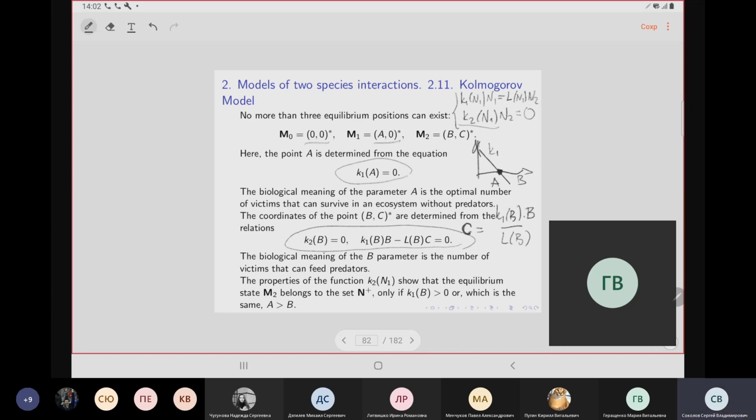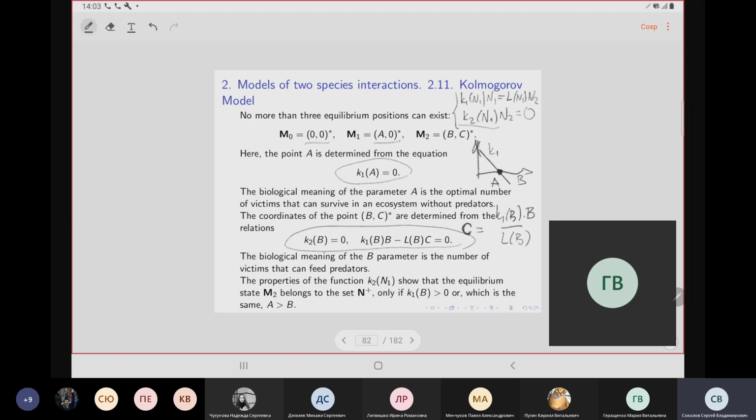So if B is greater than A, it means that the number of victims needed for survival of the predator population is greater than the capacity for the victims. It means that even if there are no predators, our optimal point for victims is smaller. It means that in this model, there is not enough food for our predators and they will die.